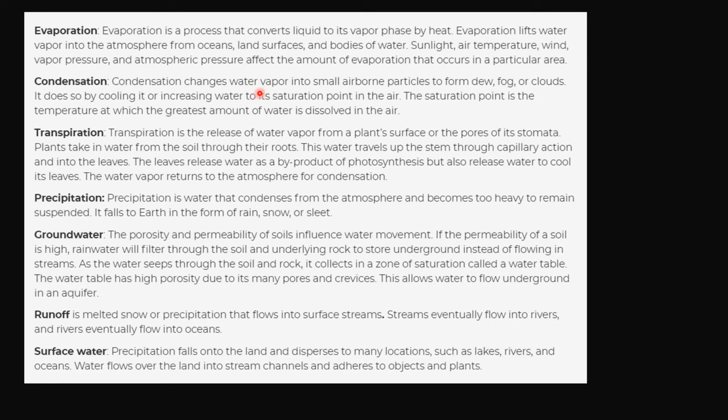Condensation is when water vapor, which is water as a gas, not as a liquid, goes into the air and forms tiny drops. Why does it form tiny drops? Because it cools down. In the air, there are small airborne particles.